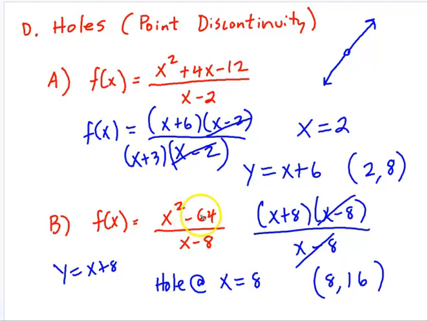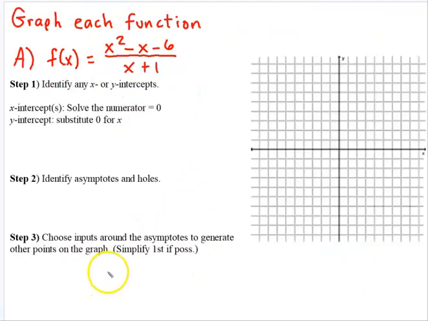Okay, so we've identified basically areas where we can't potentially graph. That's going to be up to you to know when you can graph in certain places and when you can't. And now let's kind of put it all together in sketching the graph of rational functions.